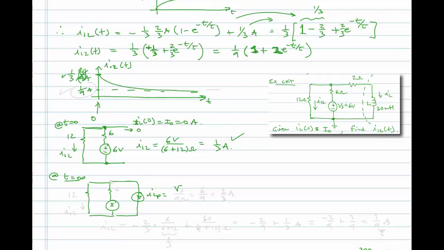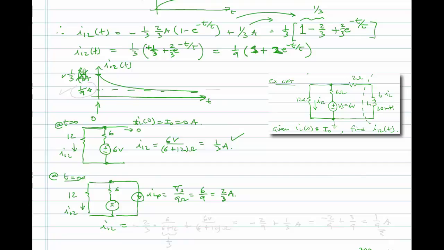Vs over 9 ohms, which is 6/9, or 2/3 of an amp. Okay, so now we can write I12 as the superposition, which we'd already written on the previous page.